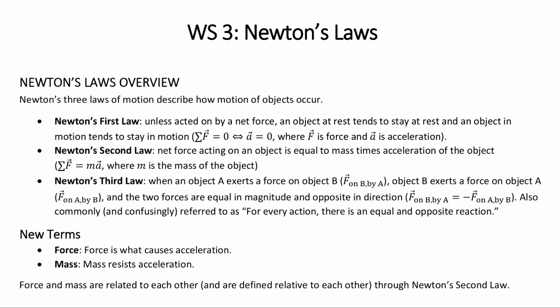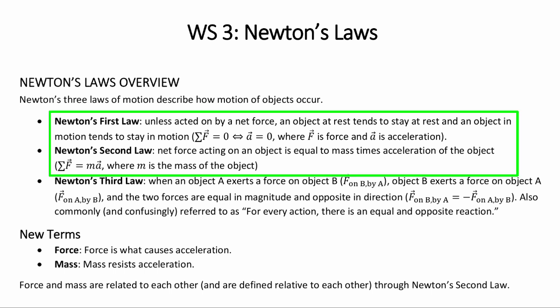Now, when you look at these statements closely and spend too much time, or maybe just the right amount of time, you might notice that the first law and the second law sound very similar. In fact, if you take the second law and plug in a equals 0 or net force equals 0, it might look like you derived the statement of the first law.